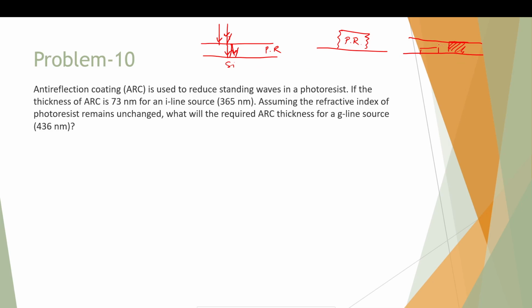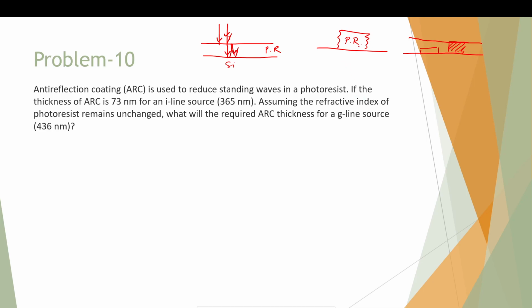Usually what we expect is for small variations of PR, if this reflection was not there, it would not have affected the development time and dose requirements as much. However, because of these non-linearities in the process, slight changes in PR thickness or dosage will change the patterns that we see on the device drastically.